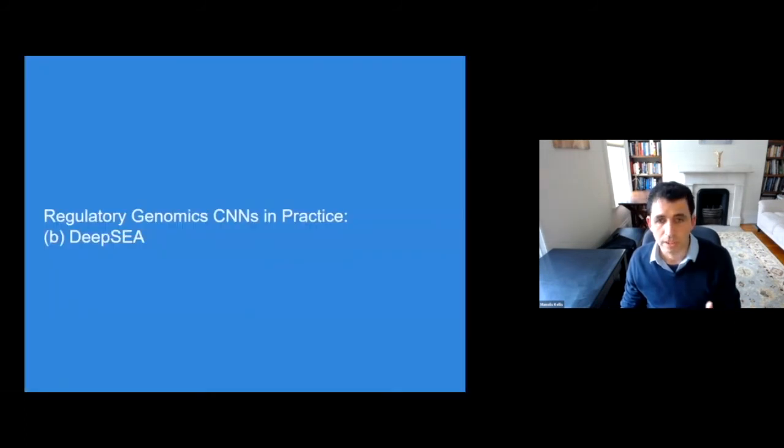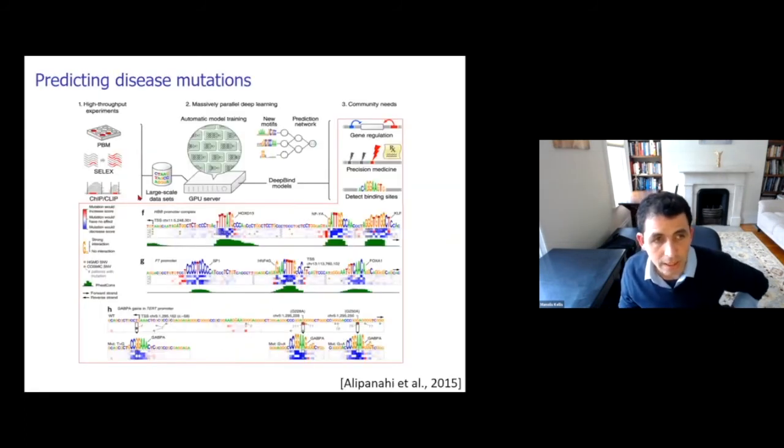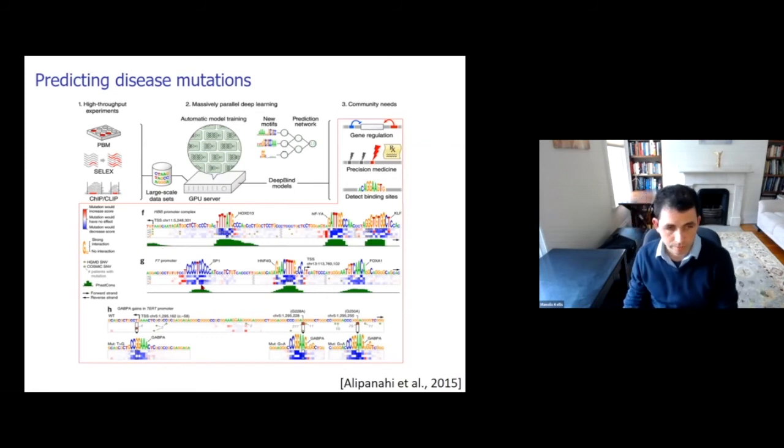So, and then of course, this is very exciting because you can then turn around and say, what is the impact of a disease mutation? So you could say, if I change this one letter G into a C, how much will that impact my overall prediction? And when you do that, you basically see that the places that are predicted to have the strongest impact on the gene regulatory scores are indeed the places where motifs are occurring and where motifs are known to be bound.